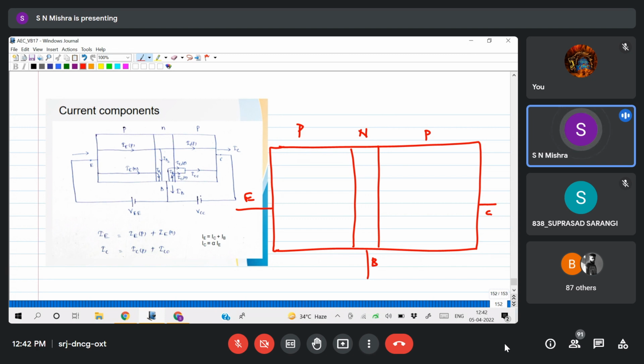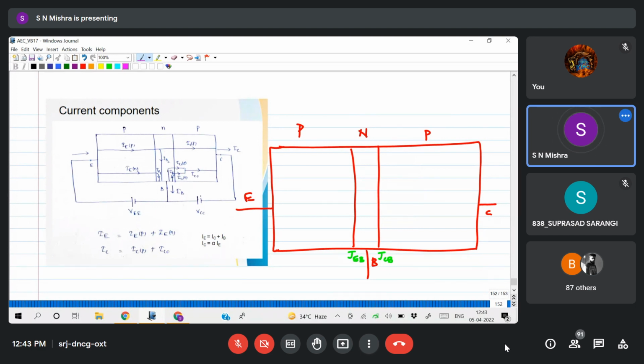Doping is according to the discussion. Now, this is the emitter base junction, J EB, and this is the collector base junction, that is J CB. Until I bias those diodes, current will not flow.